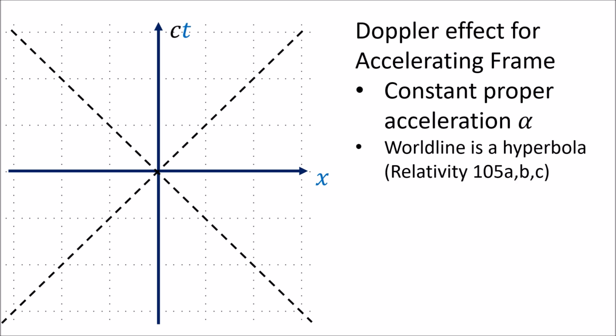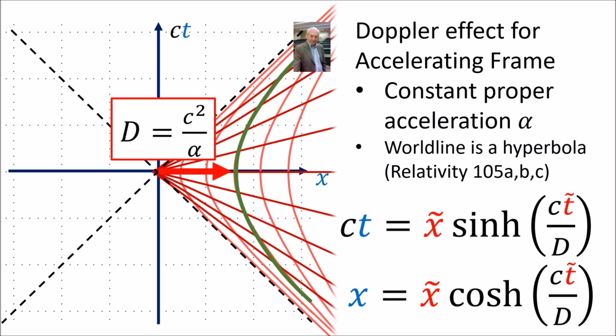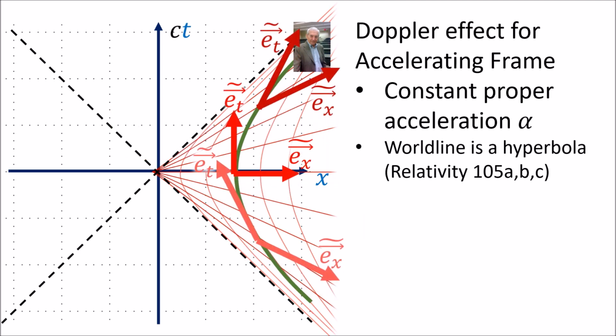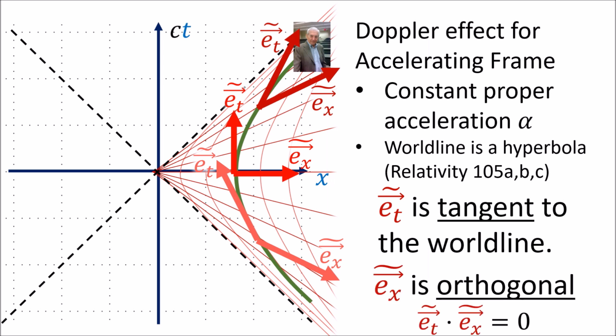I already showed in Relativity 105a, b, and c that the world line of an observer with constant proper acceleration alpha is given by a hyperbola, with these being the equations for ct and x in the accelerating observer's Rindler coordinate system, ct tilde and x tilde, where the distance capital D is c squared over alpha. I also showed that at every point along this hyperbola, the accelerating observer has a different spacetime basis, where the time basis vector is tangent to the world line and the x basis vector is Minkowski orthogonal to it.